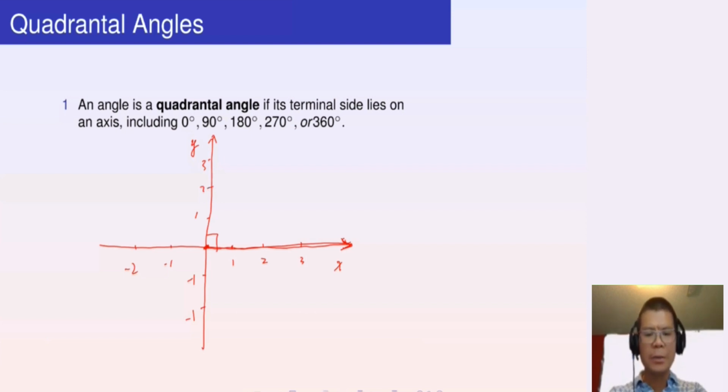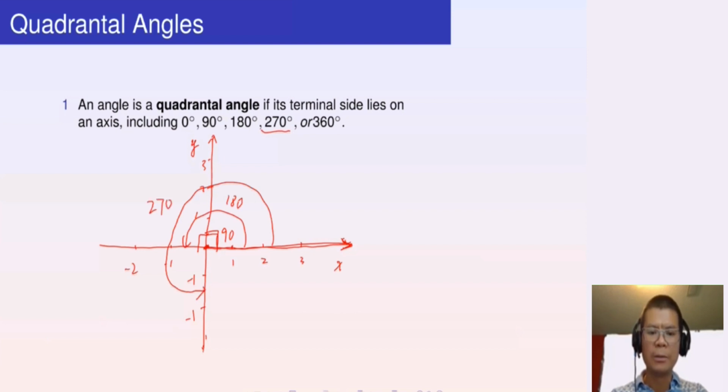And then you got 180 degree. That's going to be the negative x-axis, right? And then 270, that's going to be the negative y-axis, right? So you have this is 90, and this is going to be 180. And then if you go here, that's going to be 270 degrees, right?